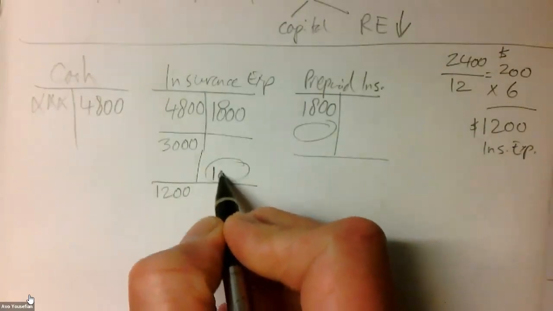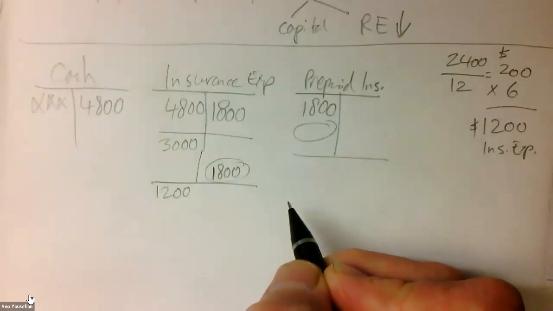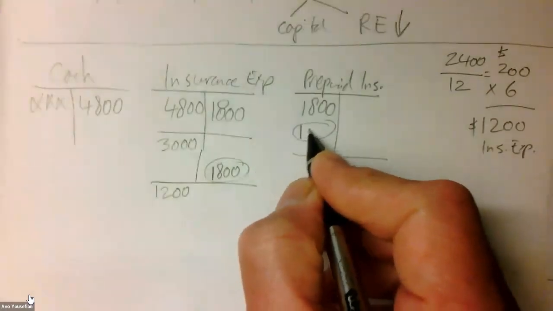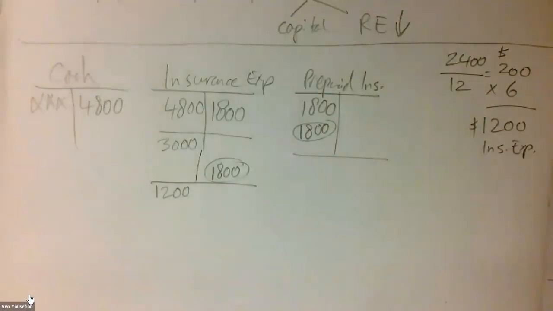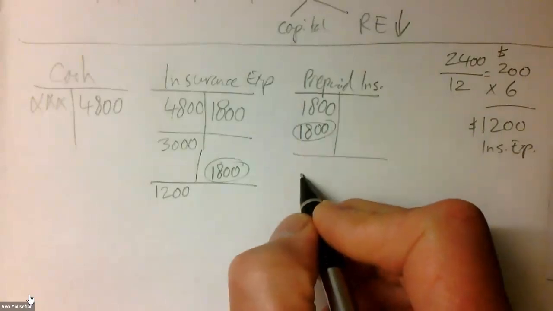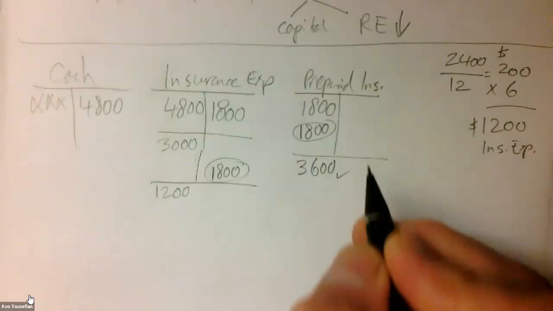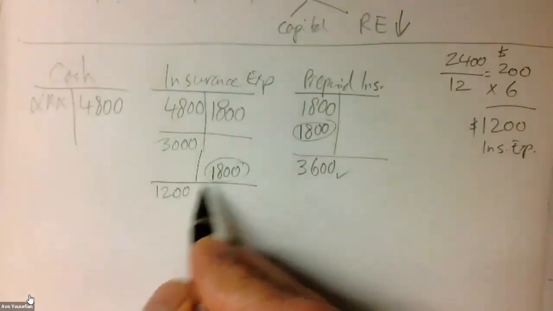So here we go. 1,800, I'm going to take it out of insurance expense and put it as prepaid insurance. That means defer that to future time to recognize as an expense. So my prepaid insurance goes up to $3,600, which is perfect. And my insurance expense goes to $1,200. 3,000 minus 1,800 is 1,200.